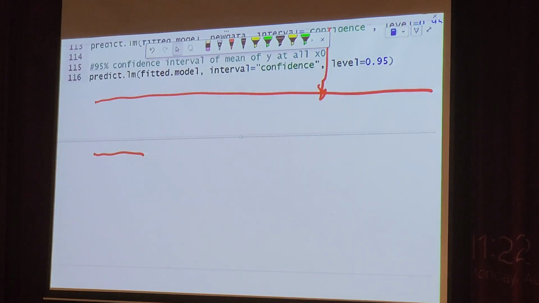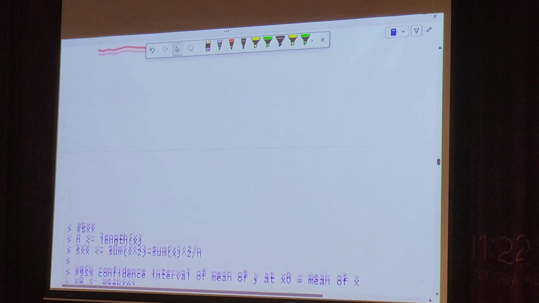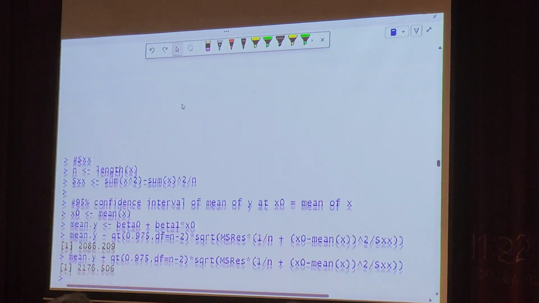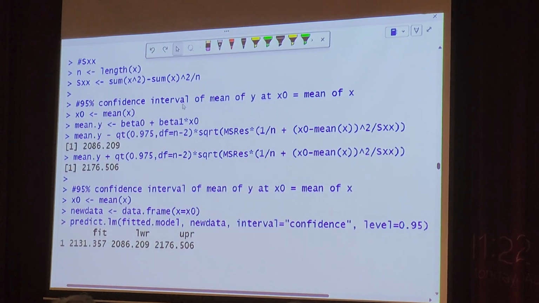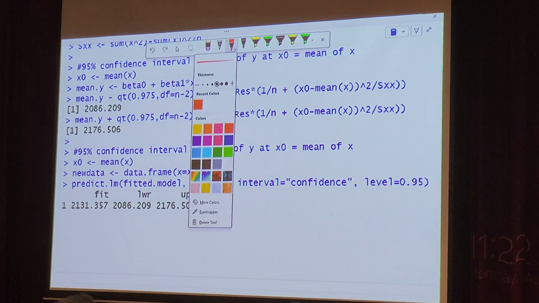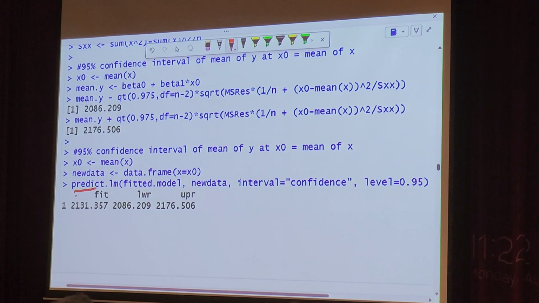Alright, so here's the output. I'm just going to look at the function, this one.